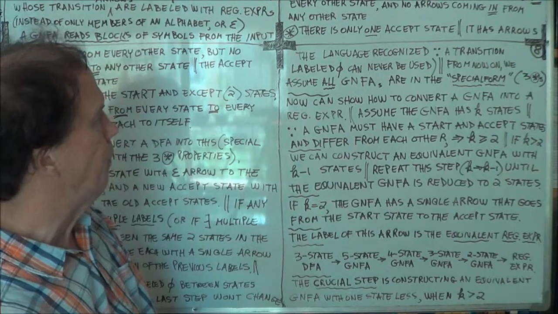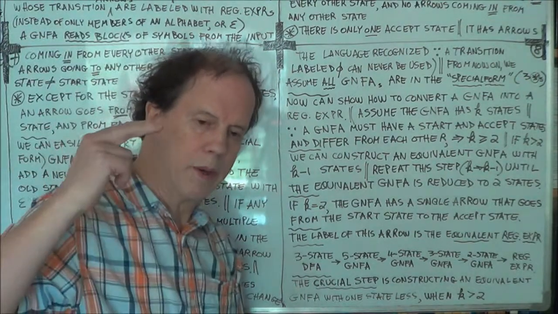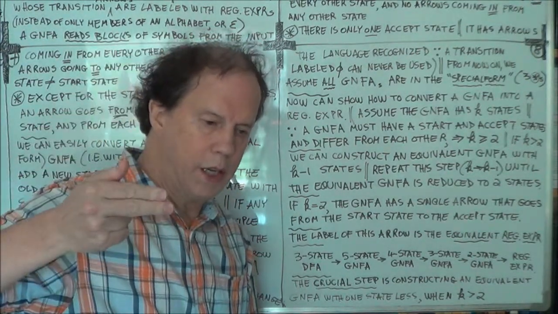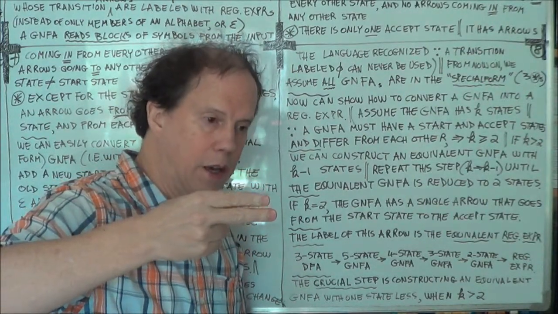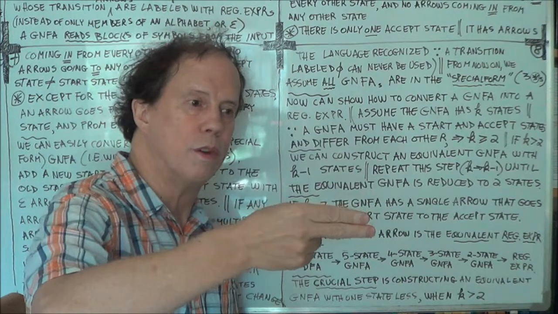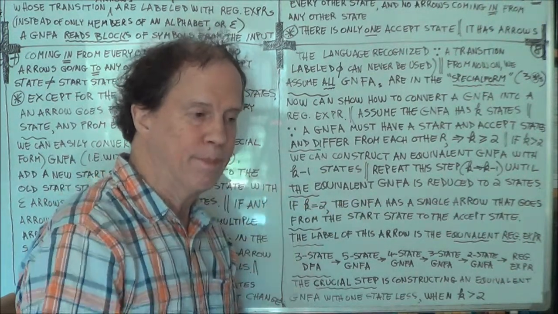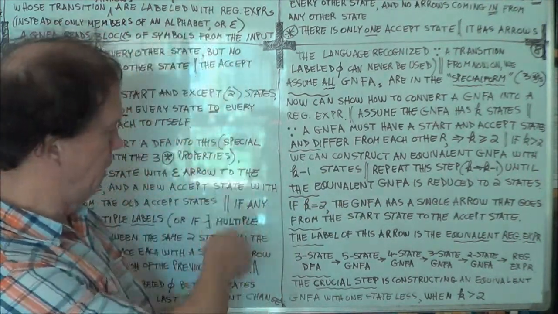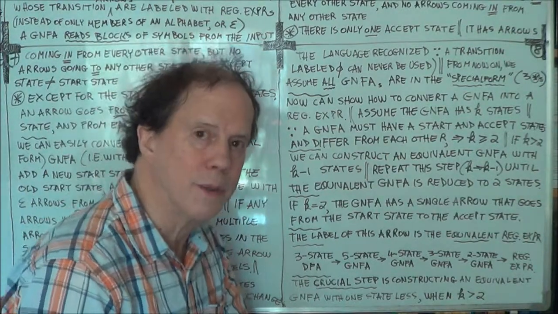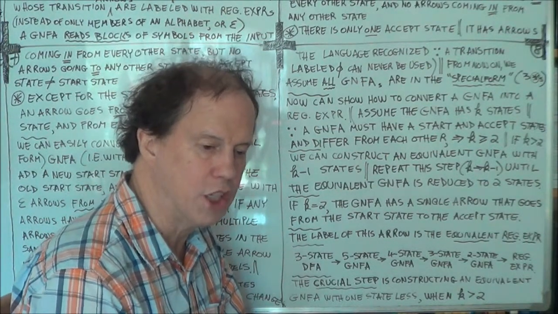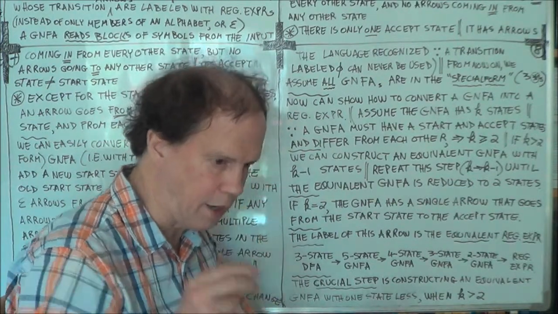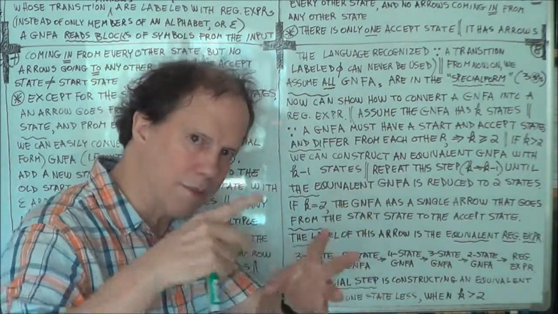Now remember, we're going from DFA to GNFA, and from the GNFA we go to the regular expression. So we've talked here a bit about how to convert a DFA into a GNFA, adding the extra states and whatnot.